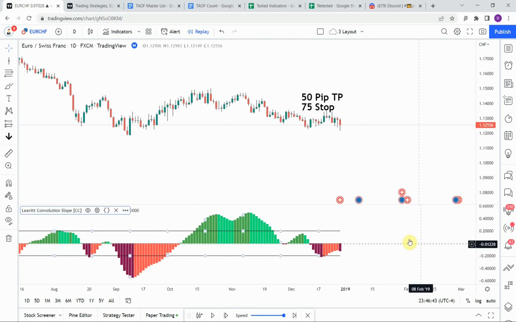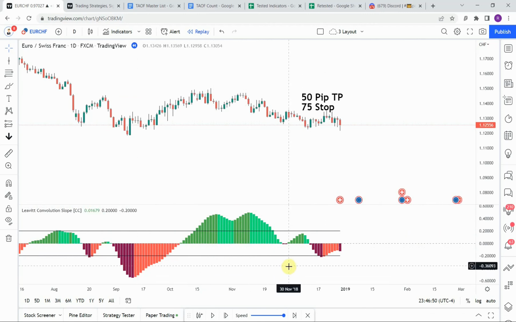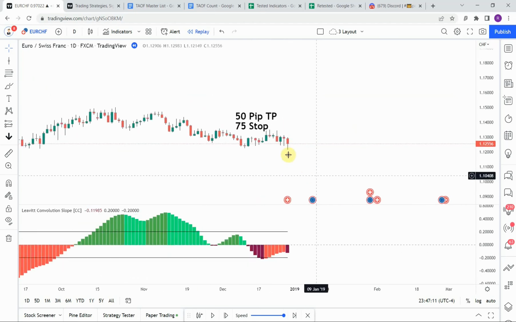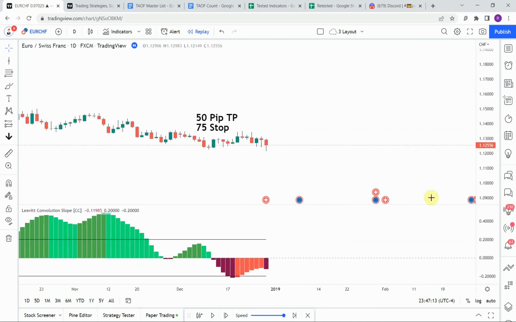The creator did mention that those could be signals to enter long and short, but he recommends first and foremost using this as a 0 line cross. So basically as we get a cross to the downside of the 0 line, we are going to go short, and when we get a cross to the upside of the 0 line, we are going to go long. That's the setup we're looking for. Let's go ahead and get on with the testing and see what we can get out of it.